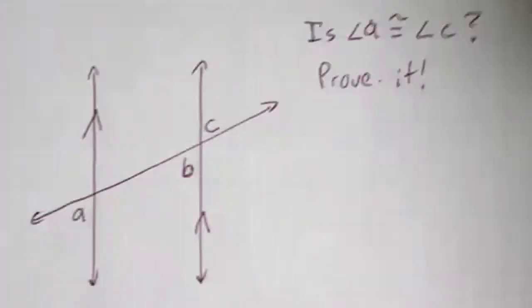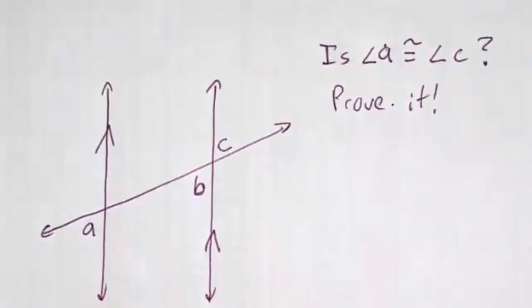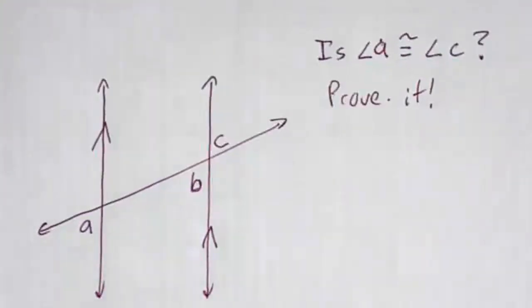I want you to be thinking more along the lines of the stuff that we put into our packet right now. So if you walked into a courtroom and you had this picture and you had our green packet with the notes we've taken so far, how would you convince a judge that A is definitely the same size as C?